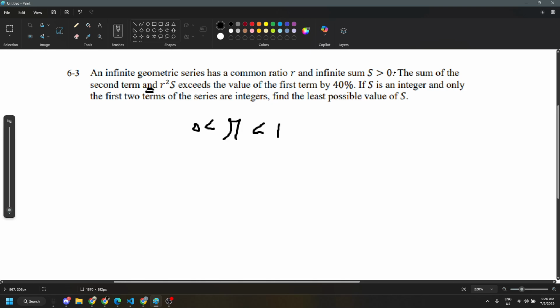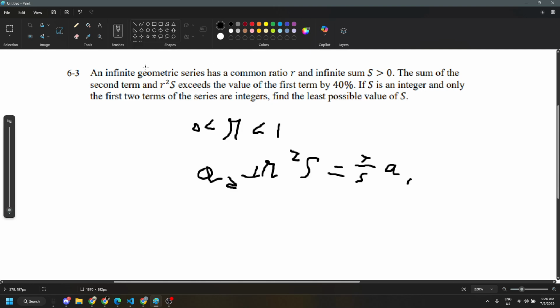So if we take a2 plus r squared s, it's equal to 7 over 5 a1.